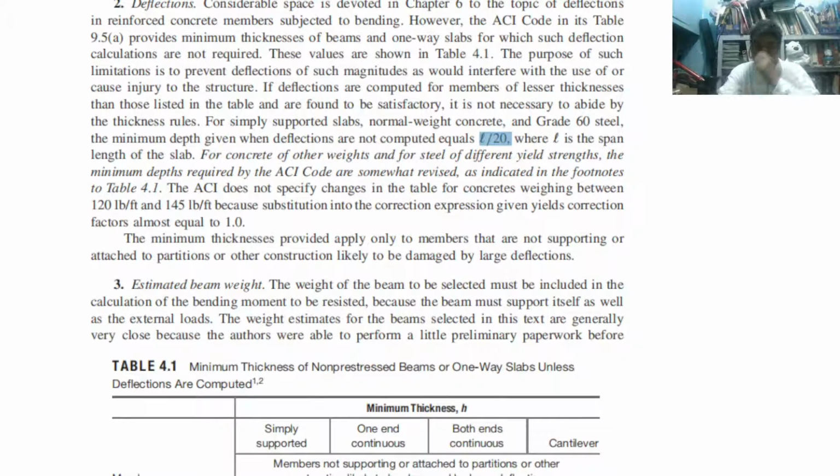We can also do this. So for rib and beam, L over 16 for simply supported. Next one is one end continuous. Next is both ends continuous, then cantilever. So meaning to say, you have to do the cantilever first. This is how you immediately recall this table.